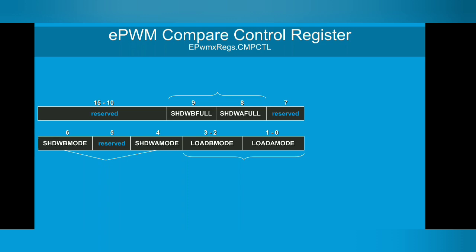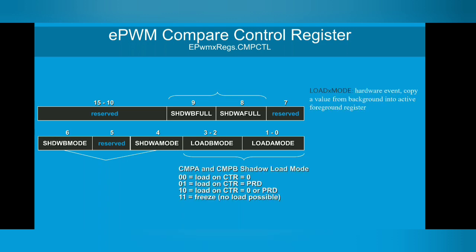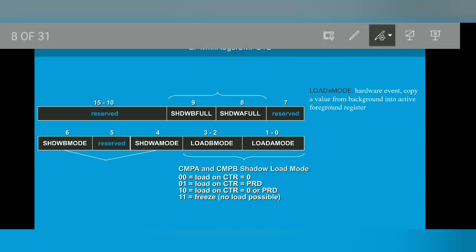With the help of the load mode registers, we copy the value from the background registers into the foreground registers. So we have these foreground registers, and let us suppose this is your background register. We are copying the value from this register to this one using the load mode registers.